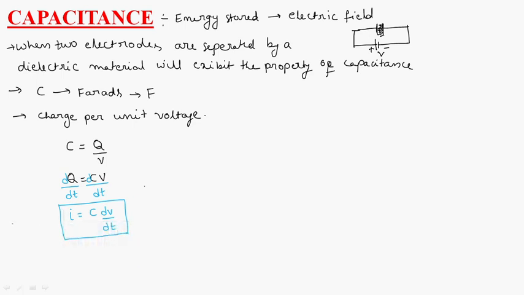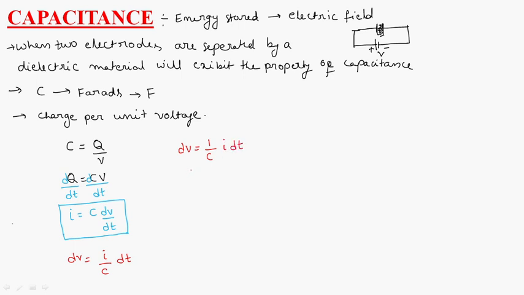Now from this equation, dv is equal to I by C into dt, so dv is equal to 1 by C into I dt.